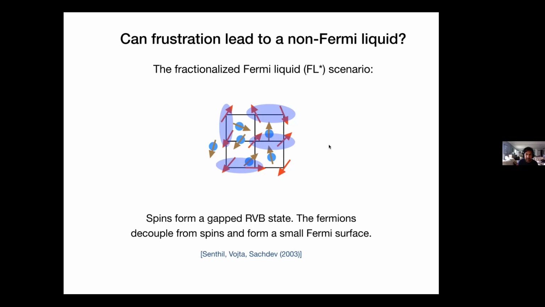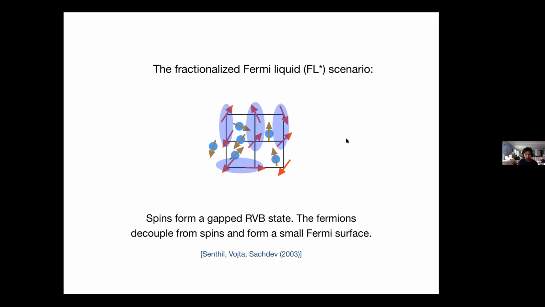And we want to understand, can we simulate some of such physics in numerics without sign problem? This was long ago. Senthil, Vojta and collaborators proposed this fractionalized Fermi liquid scenario where the local moments form some spin liquid. So they are doing some RVB motion, and conduction electrons basically decouple from it, and they form a small Fermi surface. And the question is, can we realize a model which has such physics without sign problem?